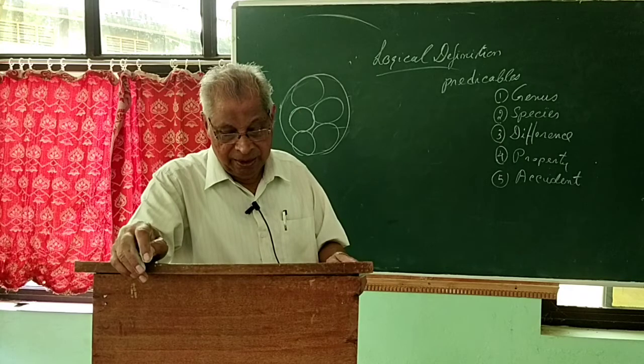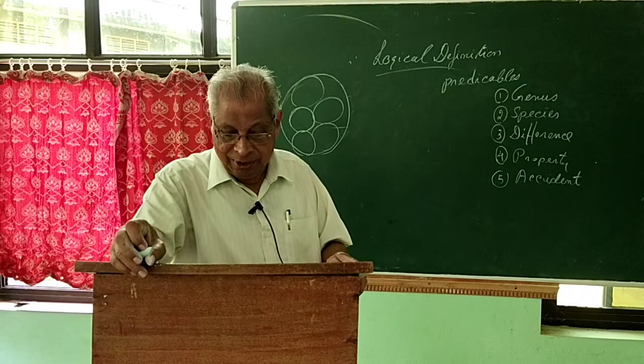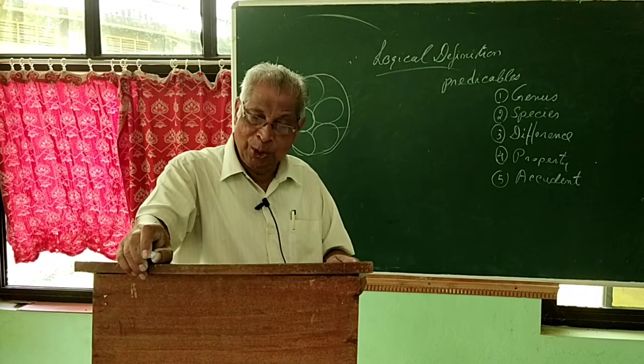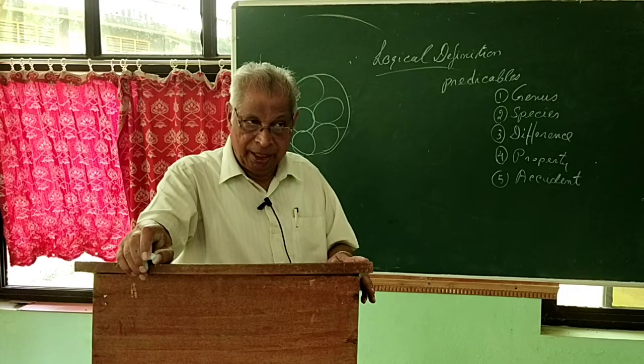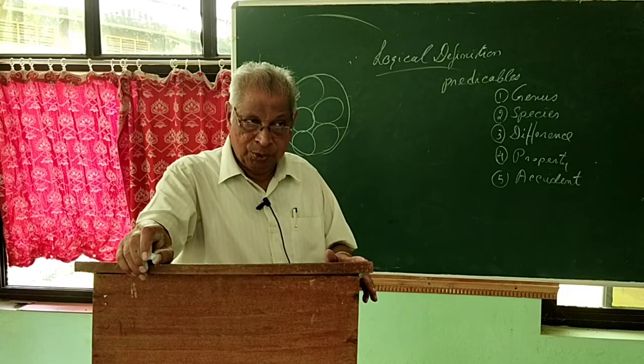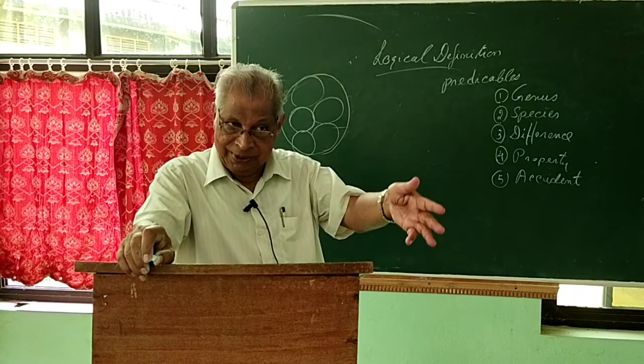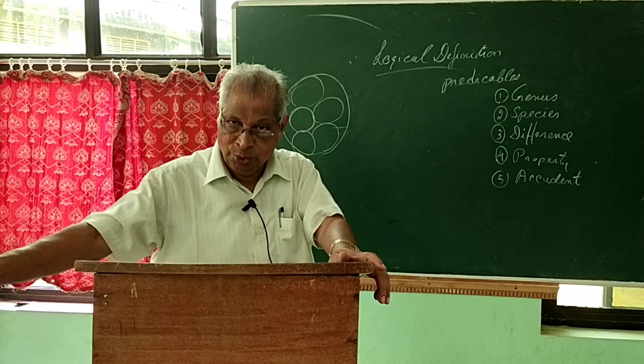And fifthly, accident. A non-essential quality which all in a class may have or may not have. For instance, so and so is a singer. It is a quality, but it is non-essential. He happened to be a singer. This one happened to be a dancer.